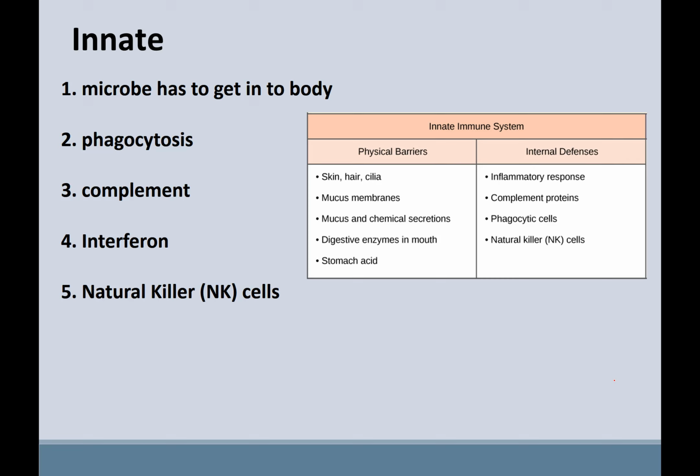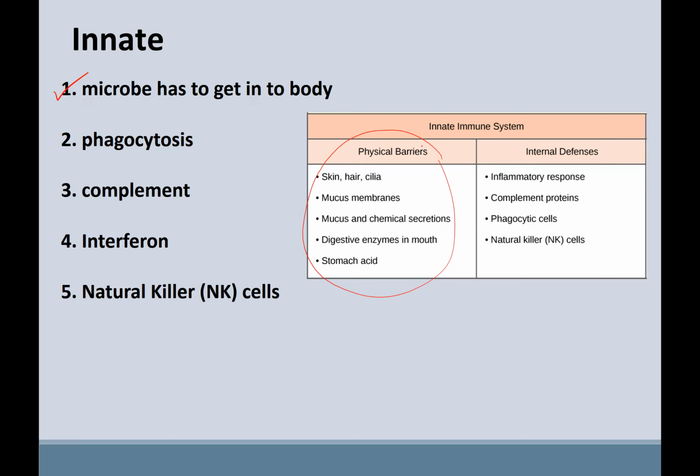So, in order for your innate immune response to kick in, first the microbe has to get into the body, right? And you know we've talked about some of the physical, chemical, mechanical barriers that we have. We have our skin, we have mucus, we have tears, we have enzymes, we have mechanical movement, sneezing, coughing, all of those things to try to prevent an infection.